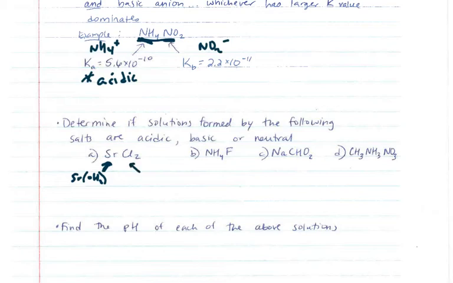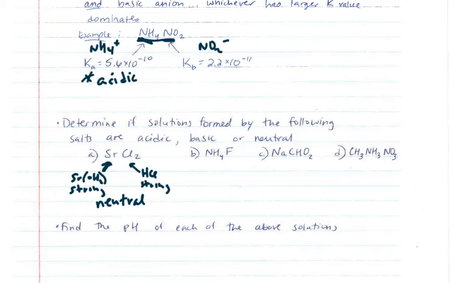So the base this comes from is a strong base, strontium hydroxide, and this one comes from HCl, which is a strong acid. So both of these ions, the strontium and the chloride, are neutral. So this is a neutral salt, just like sodium chloride and potassium bromide that we used in the previous example.